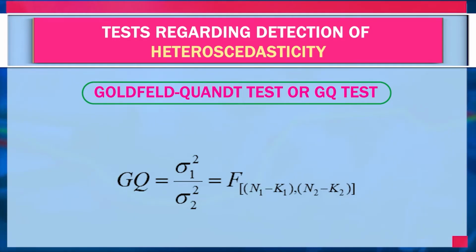Similarly, for the second regression, N2 minus K2. These are the two distinct degrees of freedom applicable to the two different variances. The ratio of the variances is taken and thereby the GQ test statistic is computed.